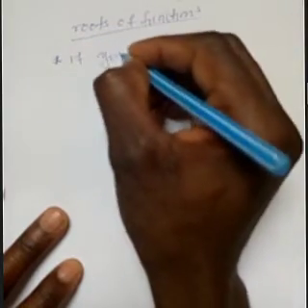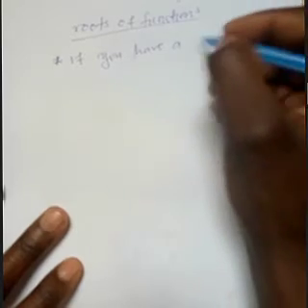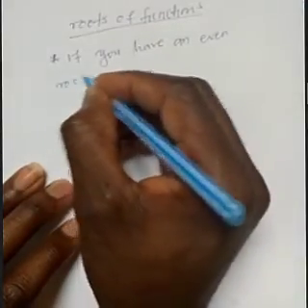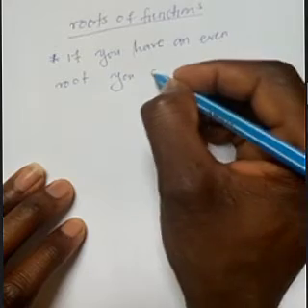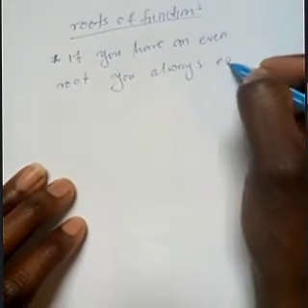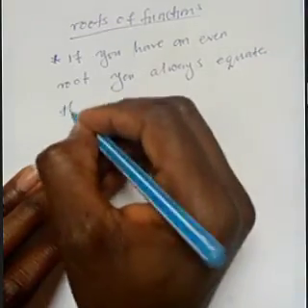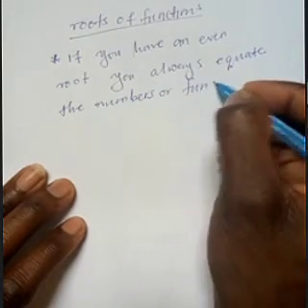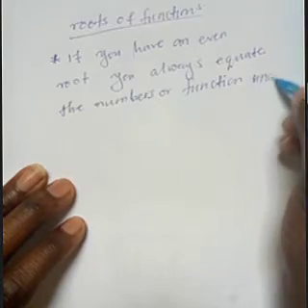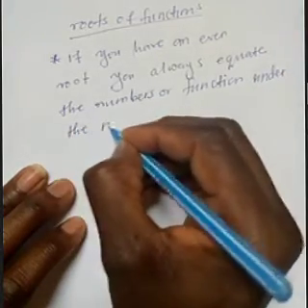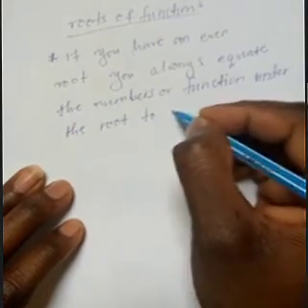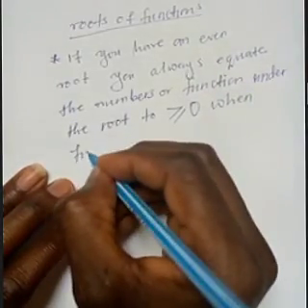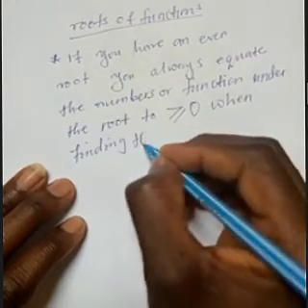If you have an even root, you always equate the numbers or function under the root to greater than or equal to 0 when finding the domain.